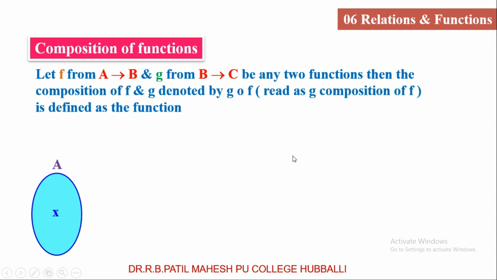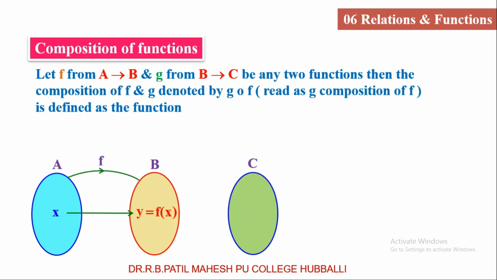Look at the arrow diagram of f and g here. f is a function from A to B and g is a function from B to C. x is an element in the set A. The corresponding image of x is y. That y is equal to f of x because y is under f. Therefore, y is equal to f of x.